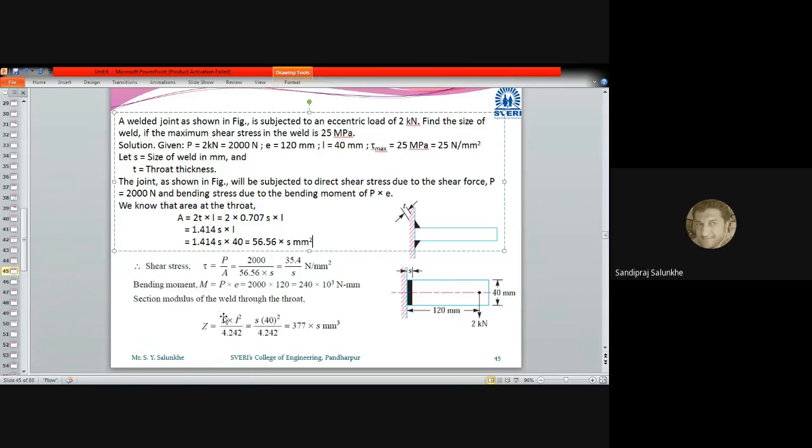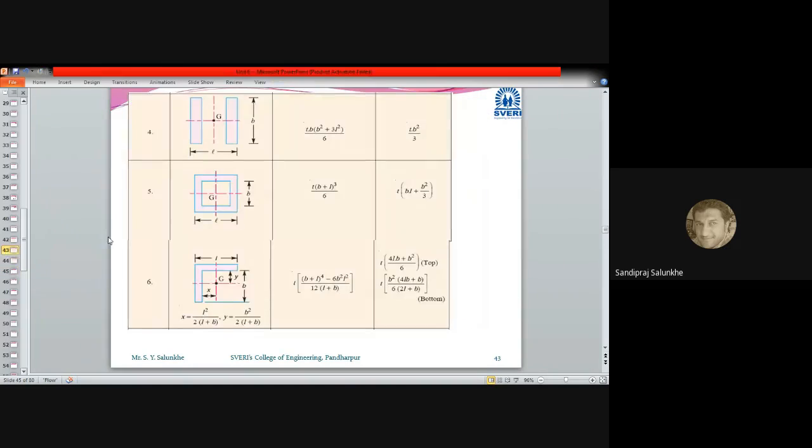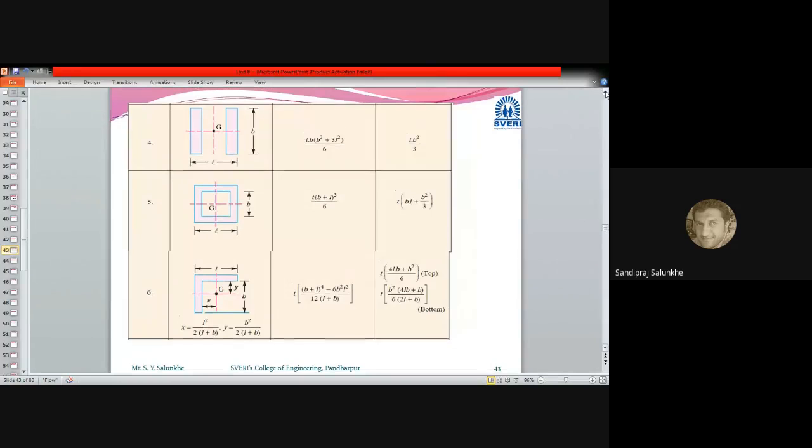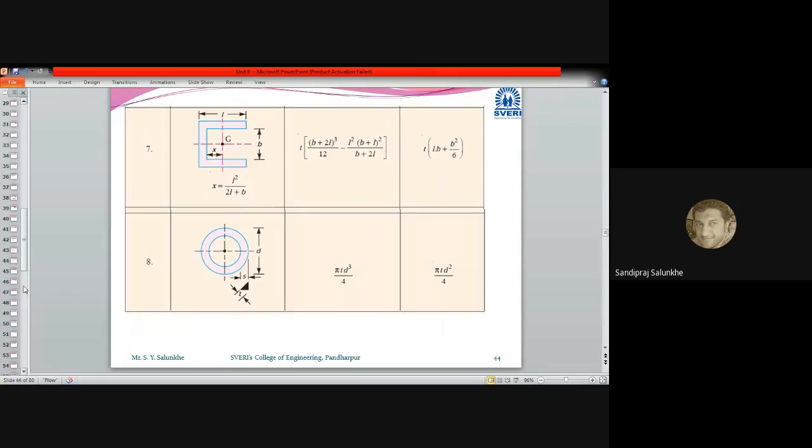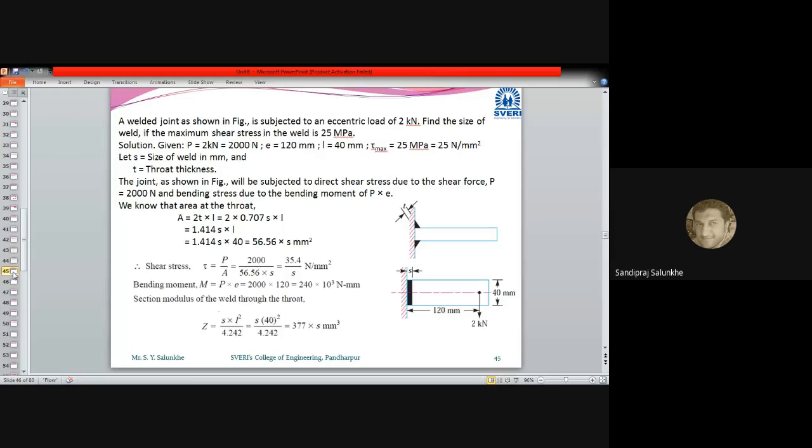And for this type of welding, we have to calculate the sectional modulus Z. From the table you can take it: S L square divided by 4.4242.